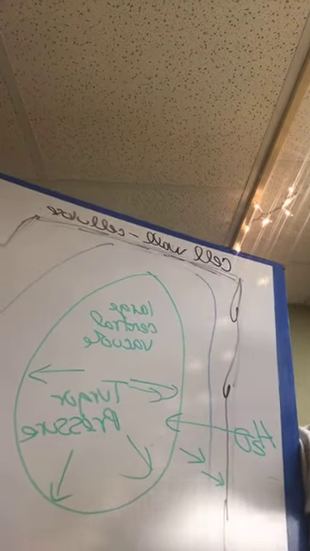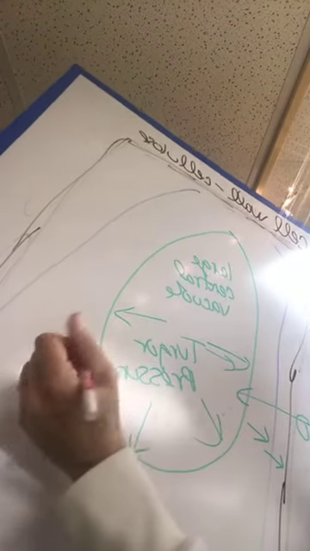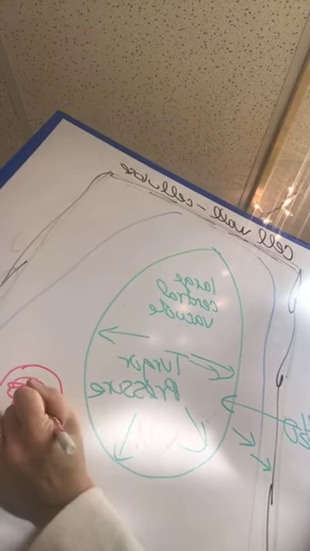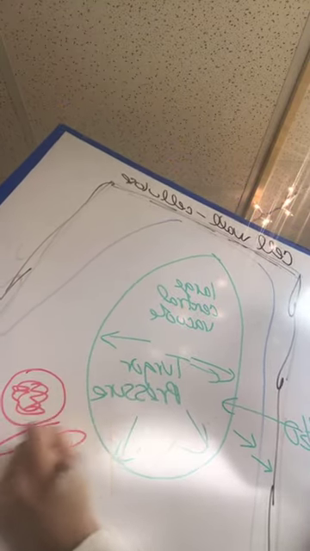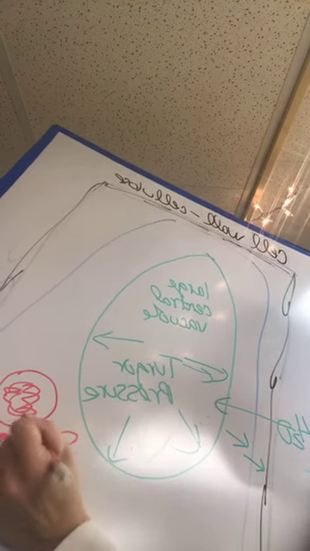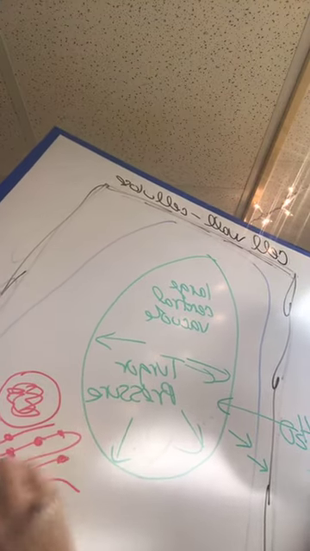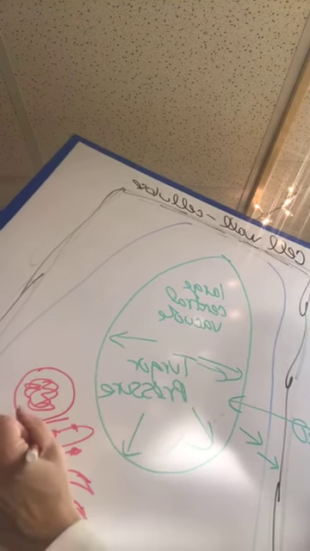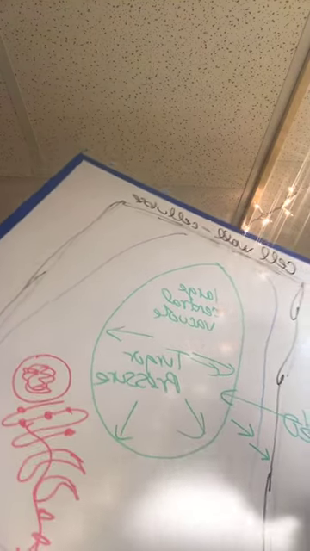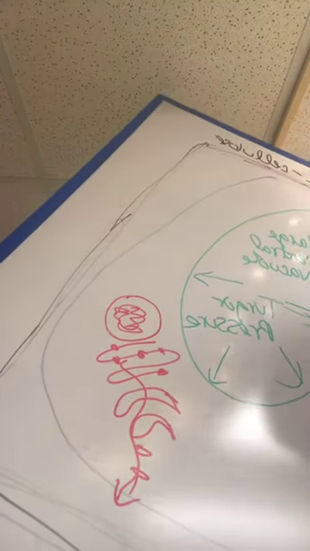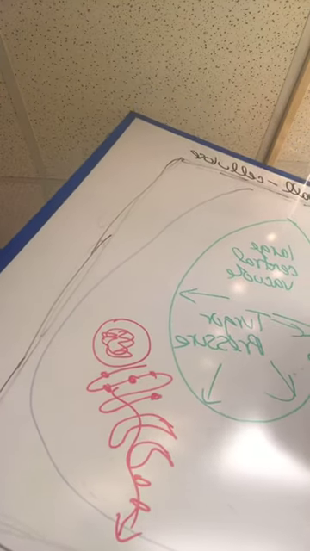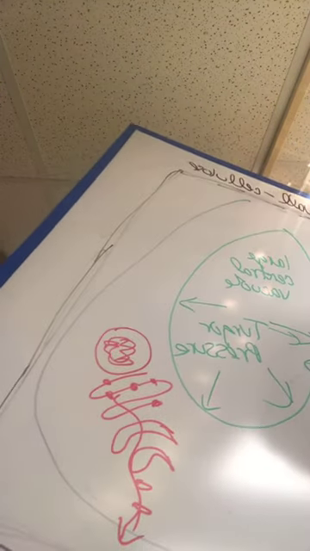All right, I'm not going to go through all the parts if I've already done it before, but this could be my nucleus, this could be my DNA, this could be my ER, these could be ribosomes, this could be a Golgi body, and vesicles, and this process of taking a protein made at the ribosome, passing it through, modifying it, and exporting it out of a cell, that would all still happen here.